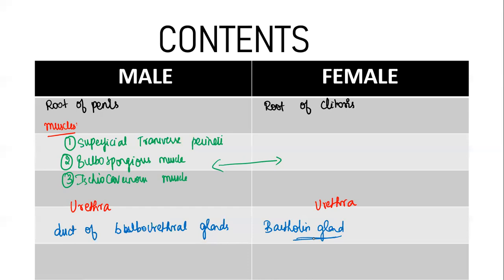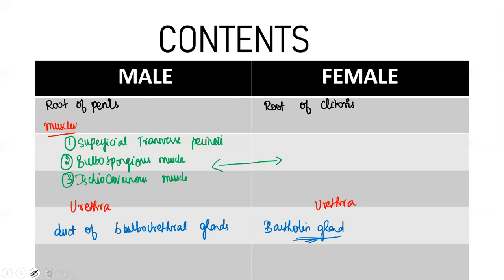The duct opens between the deep fascia and the perineal membrane, but the gland is present even deeper, between the perineal membrane and the superior fascia of the urogenital diaphragm, that is your deep perineal pouch. Whereas the Bartholin glands in females are present in the superficial perineal pouch, and not in the deep perineal pouch.